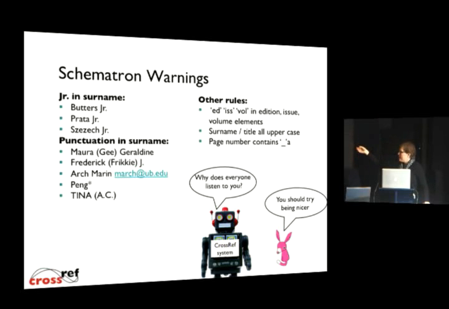We ask that you just send in the surname, no junior, no senior, no anything else. But that's, I think, by far the largest transgression. Other punctuation in the surname is another big one, and then just putting stuff in the edition and issue and volume elements that's not actually related to the number. We don't need anything descriptive like volume 1. We just need the 1.